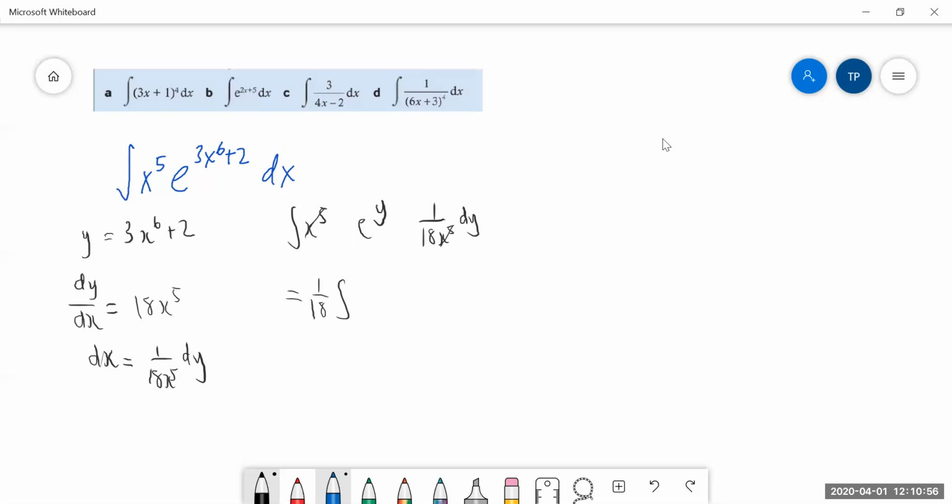If it's e to the y, when you integrate e to the power of y, what do you get? You just get e to the power y. Correct. Done.